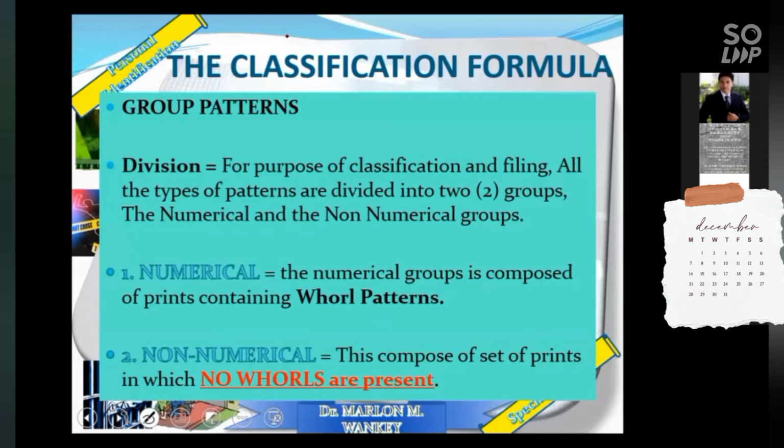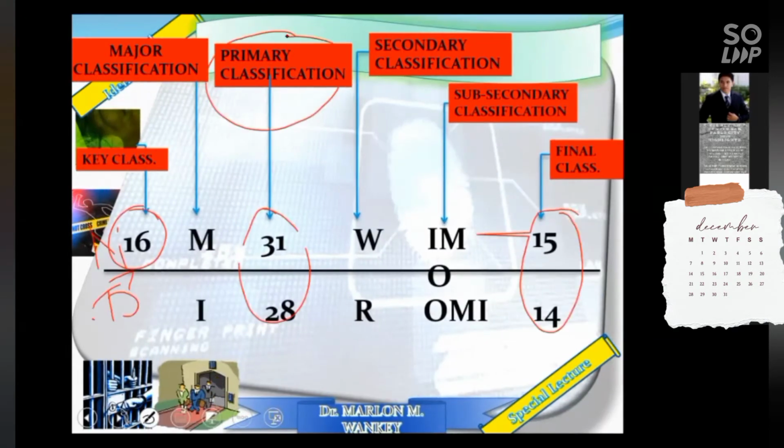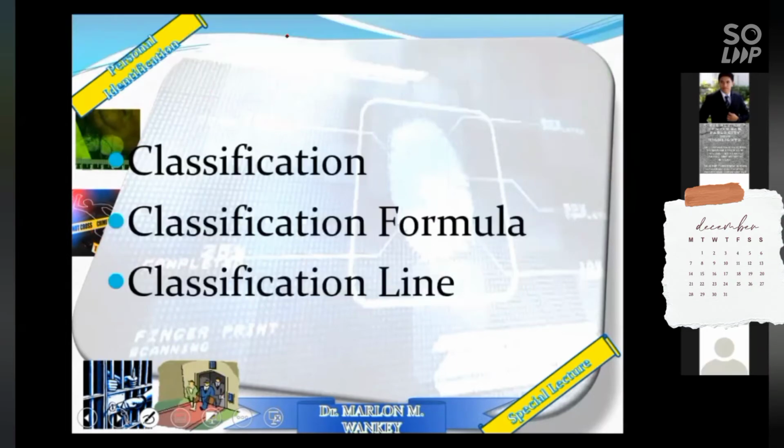These are only seen in the classification where there is a numeric. The non-numerical group is composed of prints in which no whorls are present. Let us go back to what was shown a while back. Looking at the classification, there are numeric and non-numerical classifications.